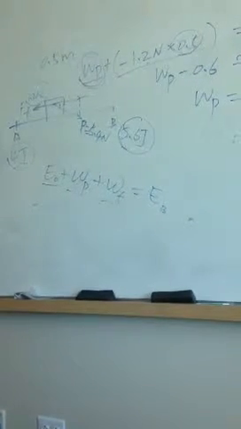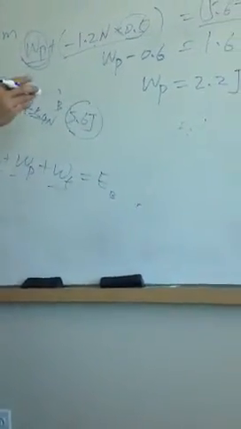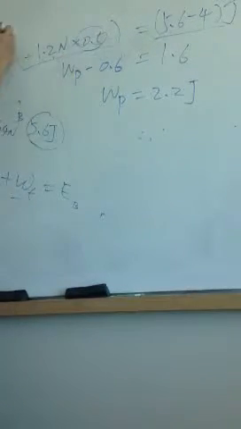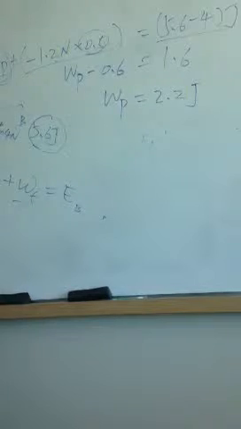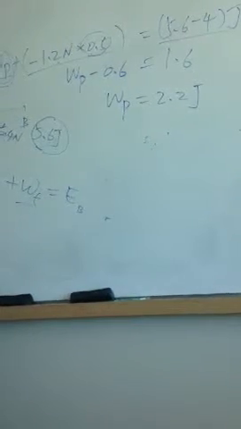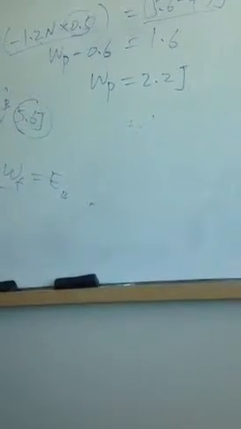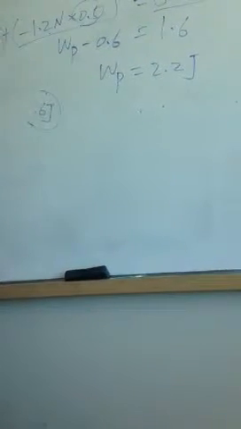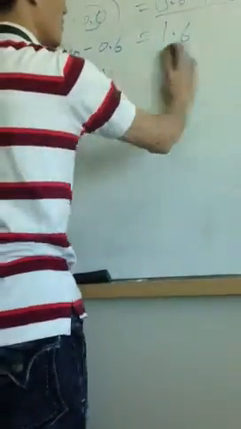Right? So that's how you answer this question. You know the initial one, the end, and the work done by these two forces. Okay. You understand? And in this case, you don't need a force.